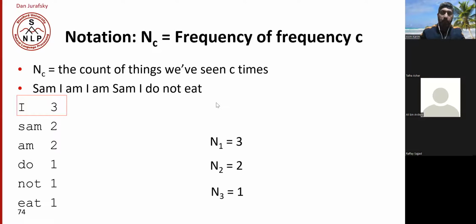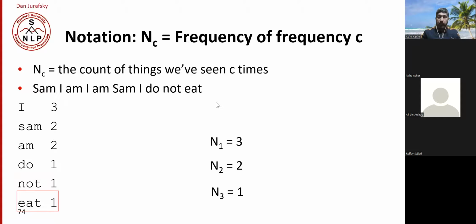So the count of I, C of I, is 3. How many times does Sam occur? Sam occurs twice, right? And am also occurs twice. And then we have do one, not one, and eat one.